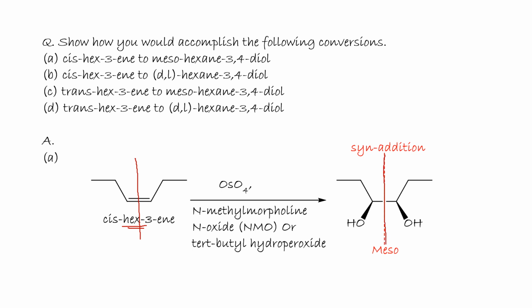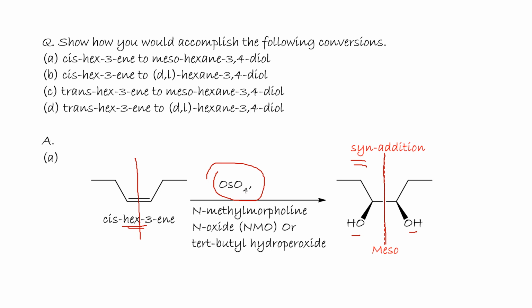You have to add the OHs preserving symmetry, so you use syn addition. To get syn addition, you use osmium tetroxide in the presence of N-methylmorpholine N-oxide or tertiary butyl hydroperoxide or hydrogen peroxide. Okay?